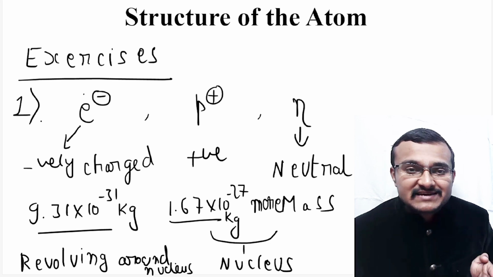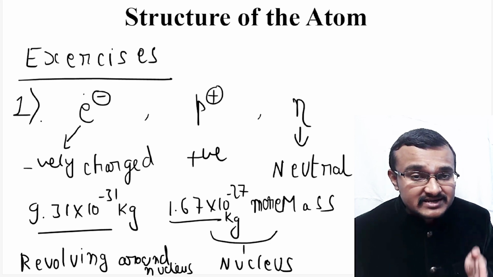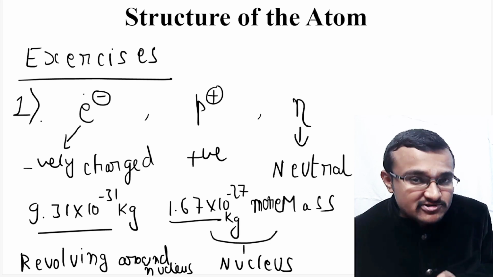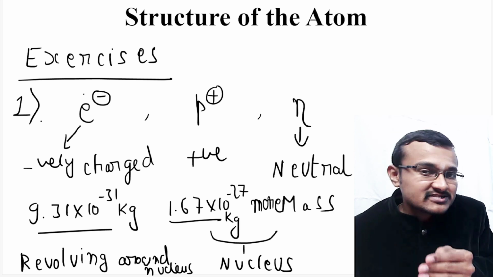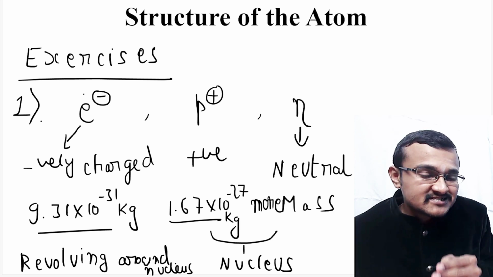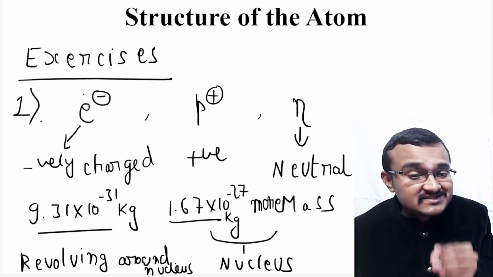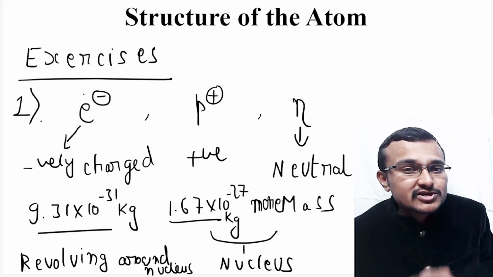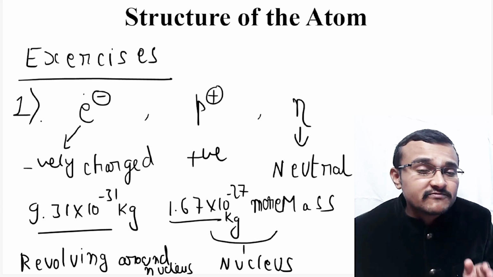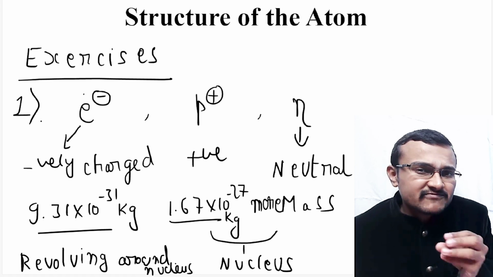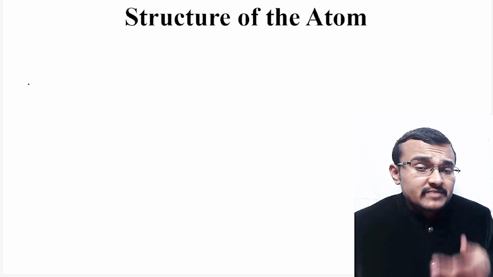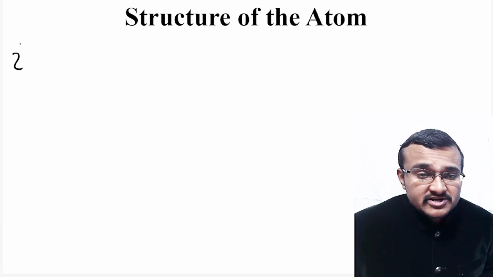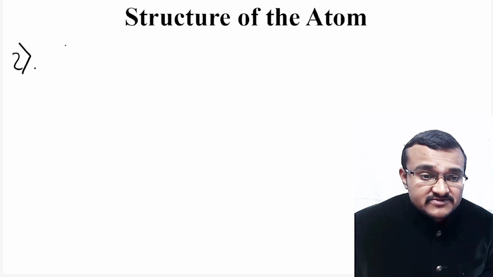The mass of electron is 9.31 into 10 power minus 31 kg, which is very less compared with proton and neutron. The mass of proton is 1.67 into 10 power minus 27 kg, and the mass of neutron is comparable with, or slightly more than, the mass of proton.